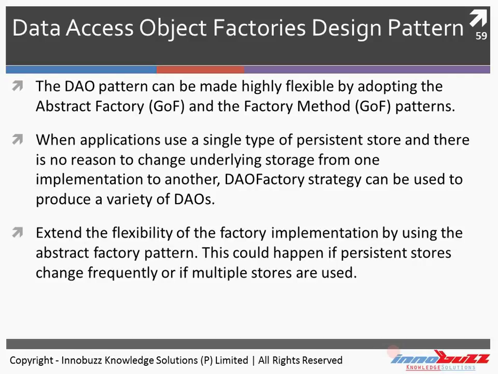This could happen if the persistent stores change frequently. Persistent store means the databases. If you want to change the databases every time based on your requirement for your application already developed, if you have developed with Oracle and you want to change it for SQL Server or any other database, then you can use this design pattern.